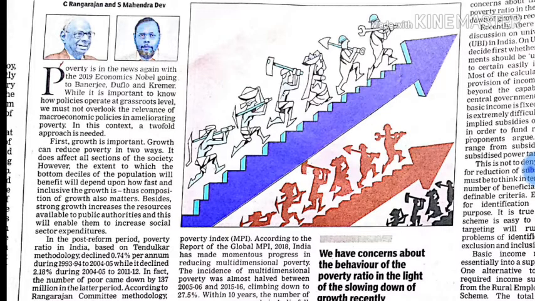First, growth is important. Growth can reduce poverty in two ways. It does affect all sections of the society. However, the extent to which the bottom deciles of the population will benefit will depend upon how fast and inclusive the growth is.